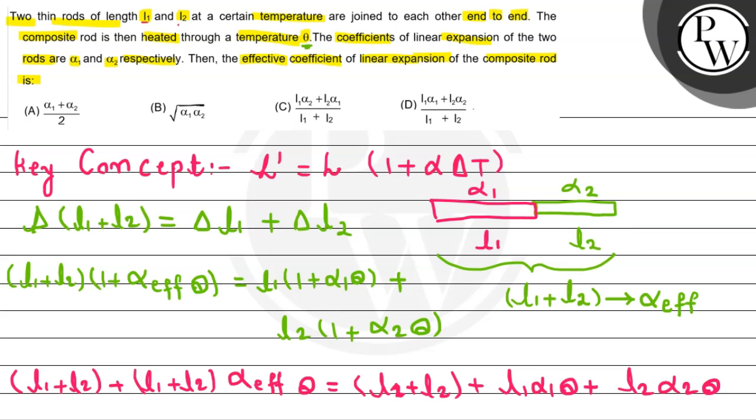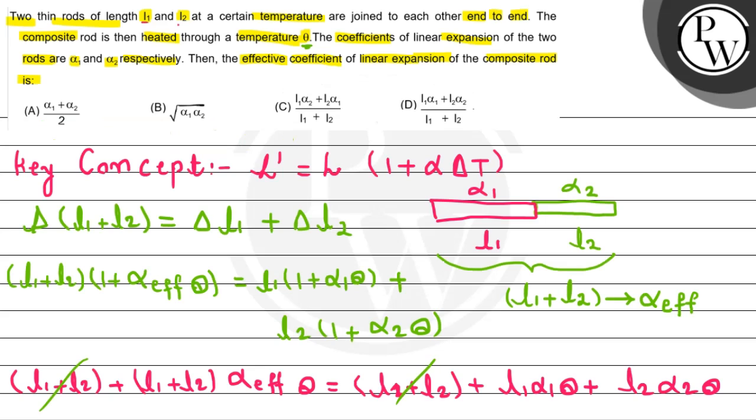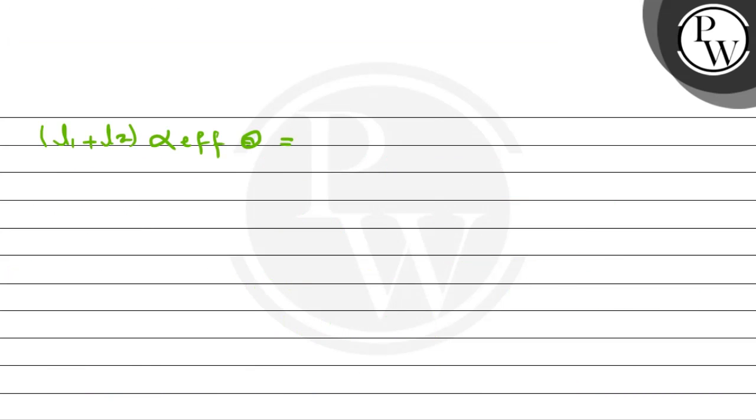Now as you can see, this L1 plus L2 we can cancel out from both sides. So further we get (L1 plus L2) times alpha effective into theta equals, taking theta common, (L1 alpha 1 plus L2 alpha 2) times theta. Now this theta can be cancelled out from both sides.